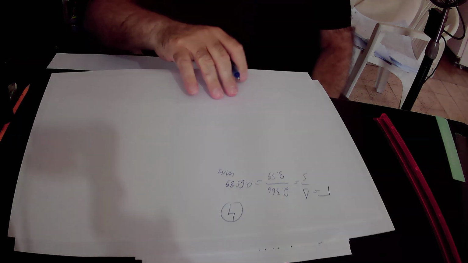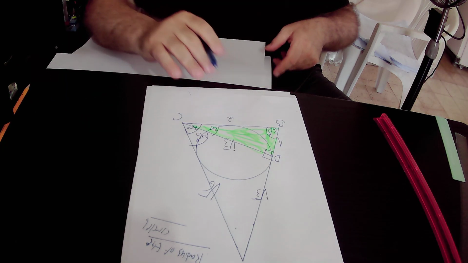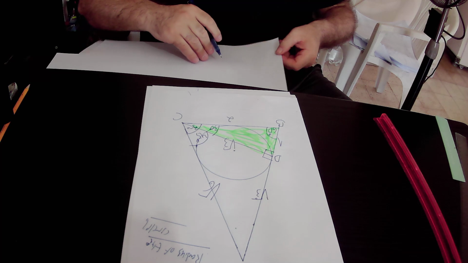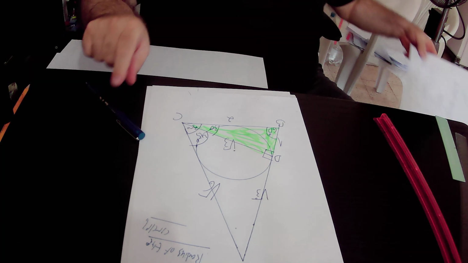So the radius of this circle equals 0.6589 units. We finished with the first method.